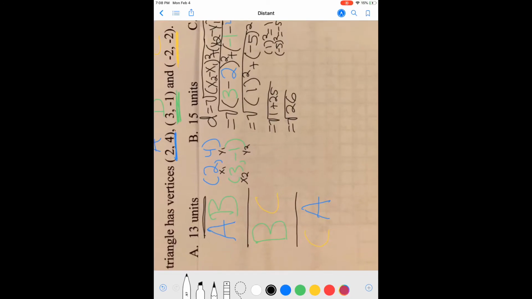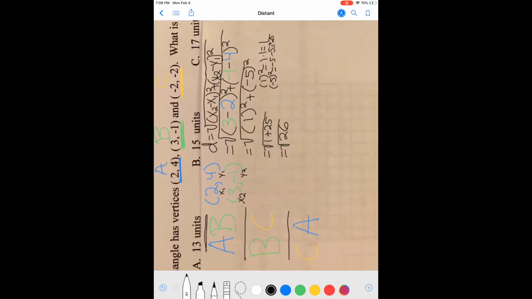Now for our BC. I'm going to actually do this. So BC, I've got 3, -1. I've got -2, -2.